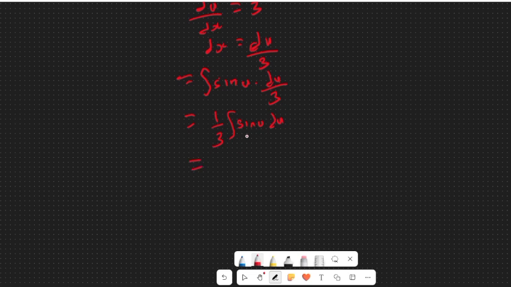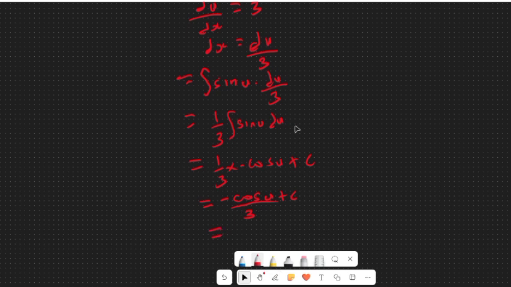The integration of sine u is going to give you minus cos u plus c, and that gives minus cos u plus c over 3.